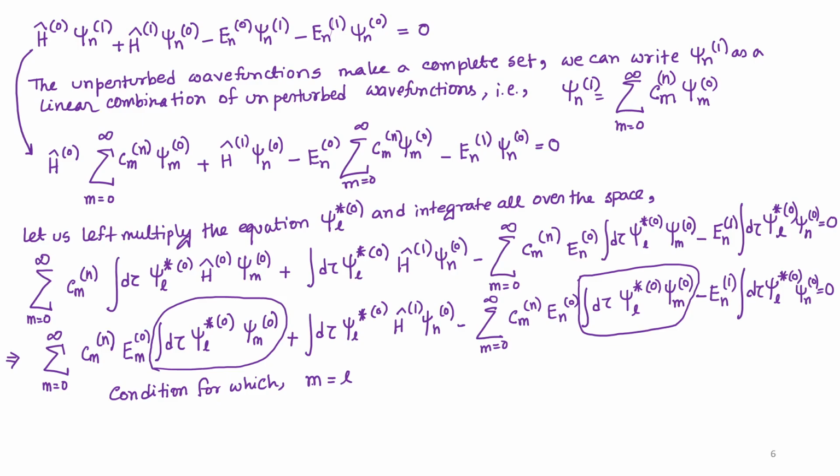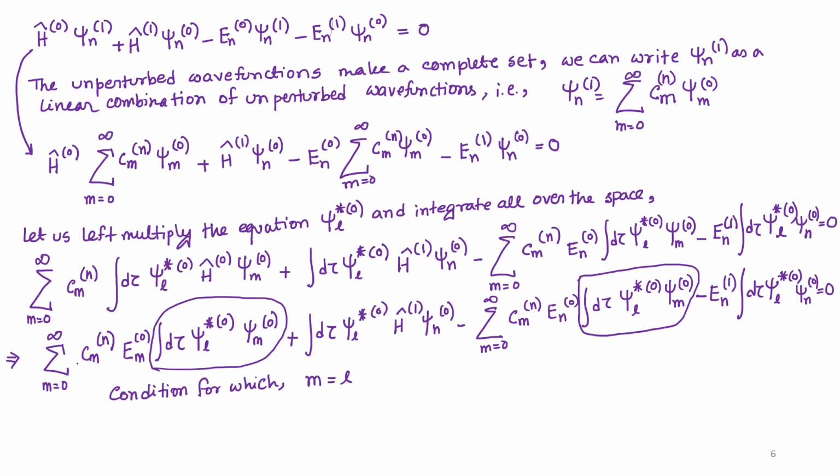See, only when m equals l, this is a normalizable condition, right? Else we know these wave functions are orthogonal, or sorry, they are orthonormal. So when m equals l, it is a normalized condition. When m does not equal l, that is an orthogonal condition. For the orthogonal condition, that integral is going to be 0, and only for m equals l, this is going to give you 1, and in the rest of the cases it will be 0.